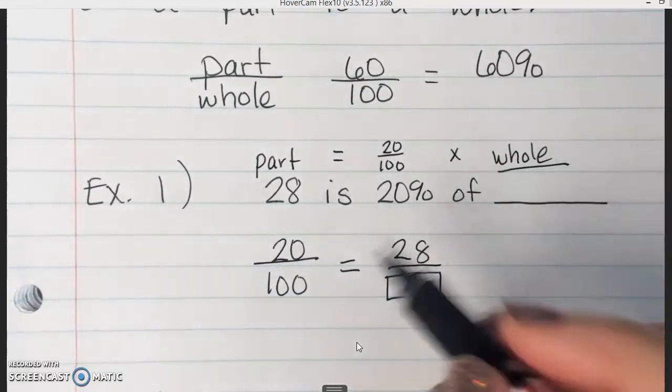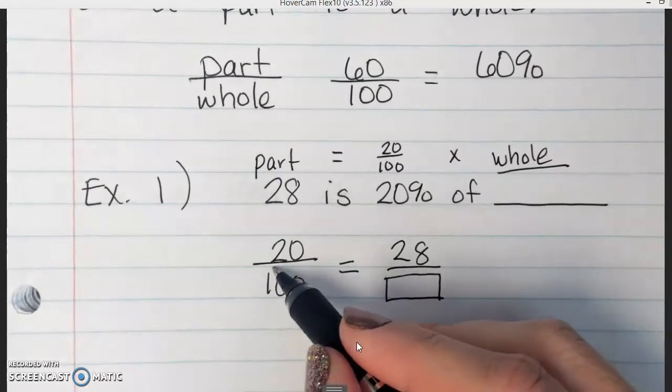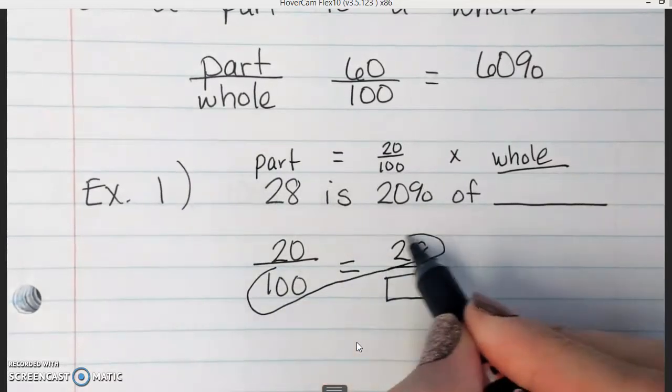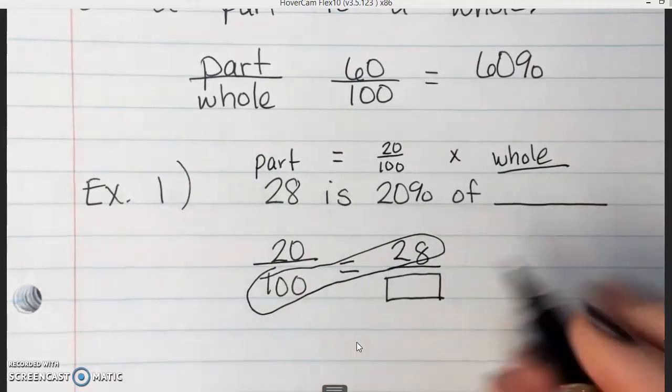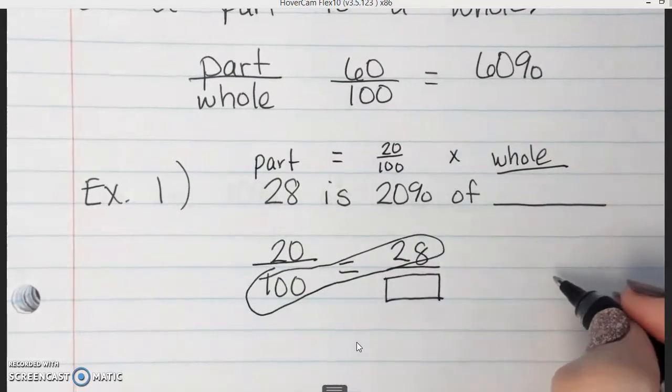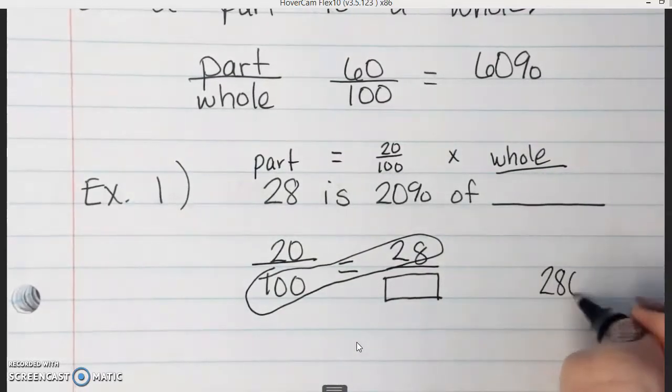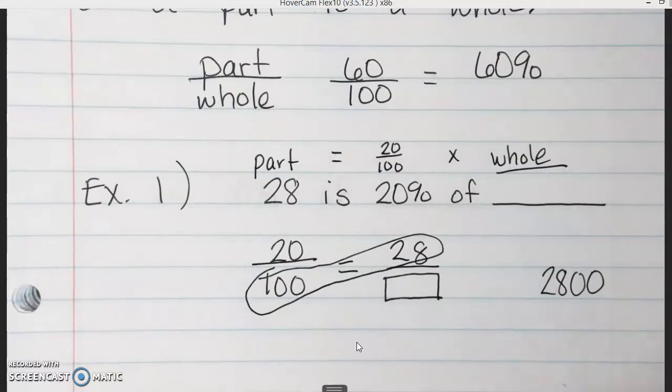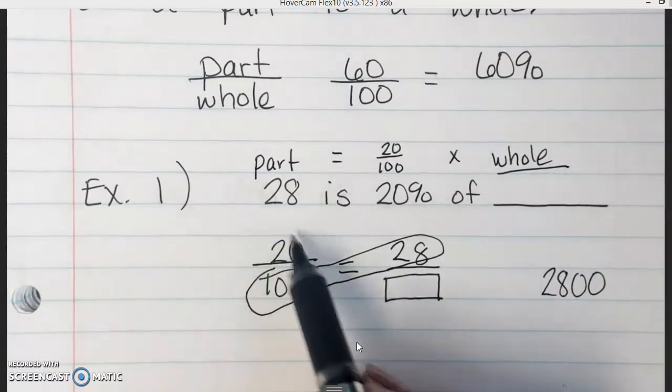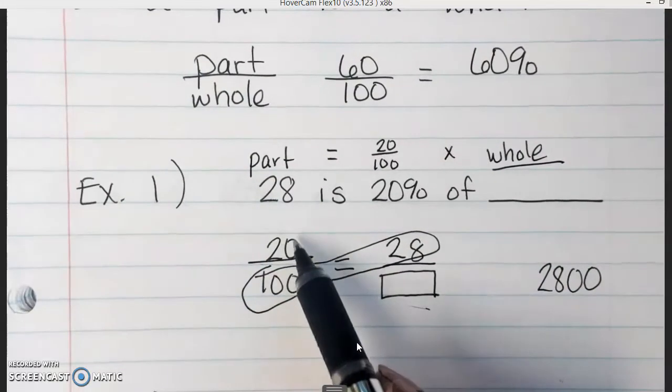The easiest way to solve this is to multiply 100 times 28, which is going to give me 2,800, and then divide by the part that's across from the whole.